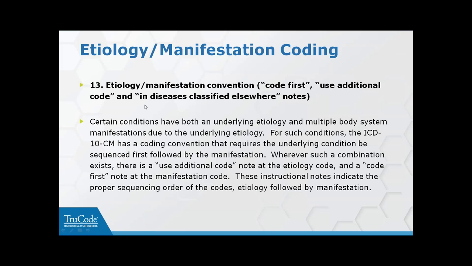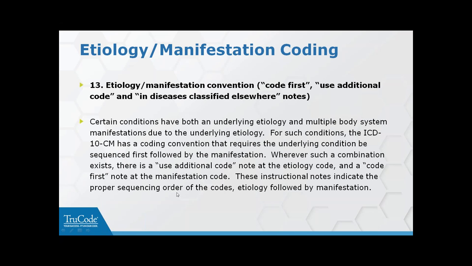Etiology and manifestation coding, here's another one of our notes from the official coding guidelines reminding us about many of the things we have just been talking about. Code first, use additional code, and in diseases classified elsewhere. All of those mean there is an underlying condition and then also manifestations.